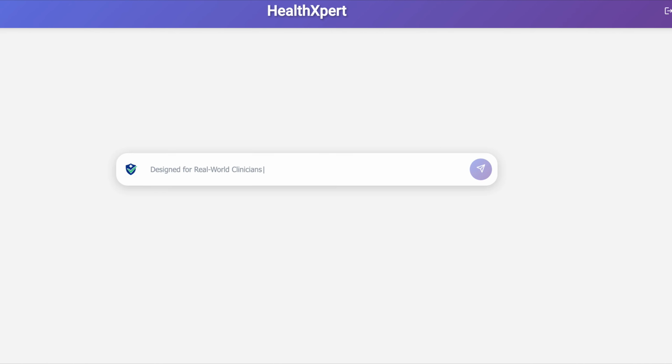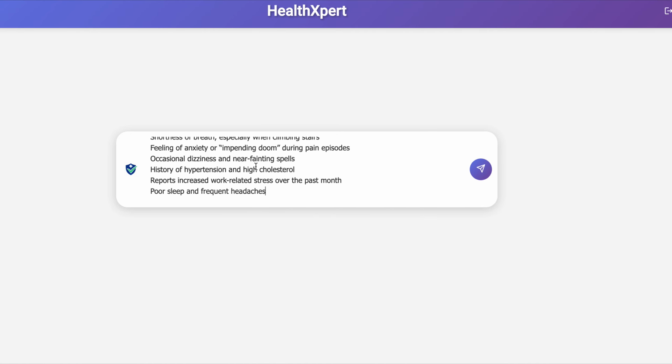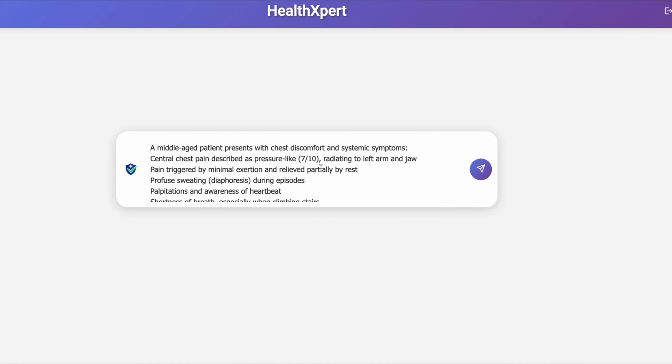Here we are going to give a very complex problem. Okay, let us see what Health Expert is going to give as the answer. The problem is a middle-aged patient presenting with chest discomfort and systemic symptoms.